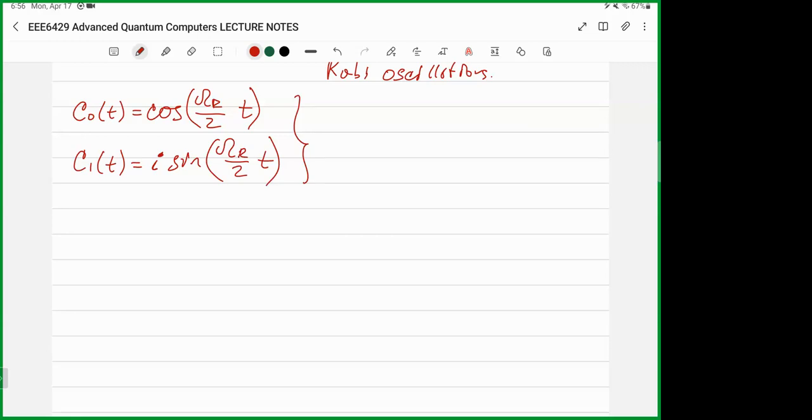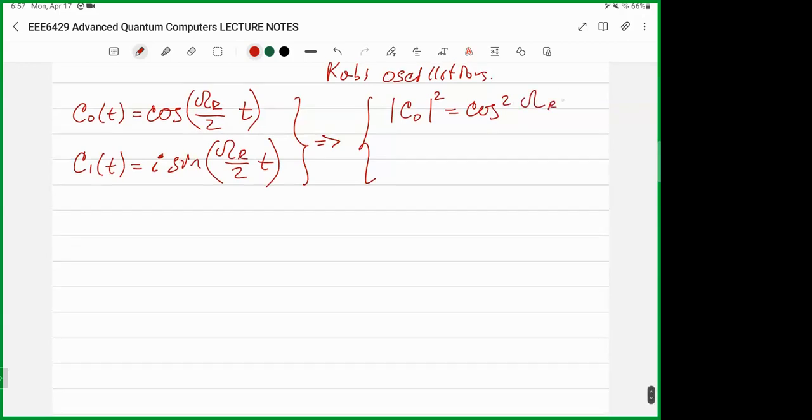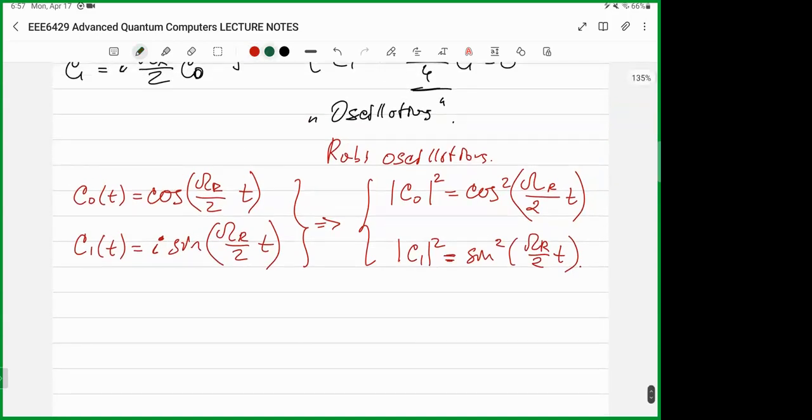And so this is for the probability amplitudes. And if I take the modulus square, I will get the probabilities themselves, right? Or populations. So population of the first state is cosine squared(omega_R over 2 t), and population of the second state will be sine squared(omega_R over 2 t).